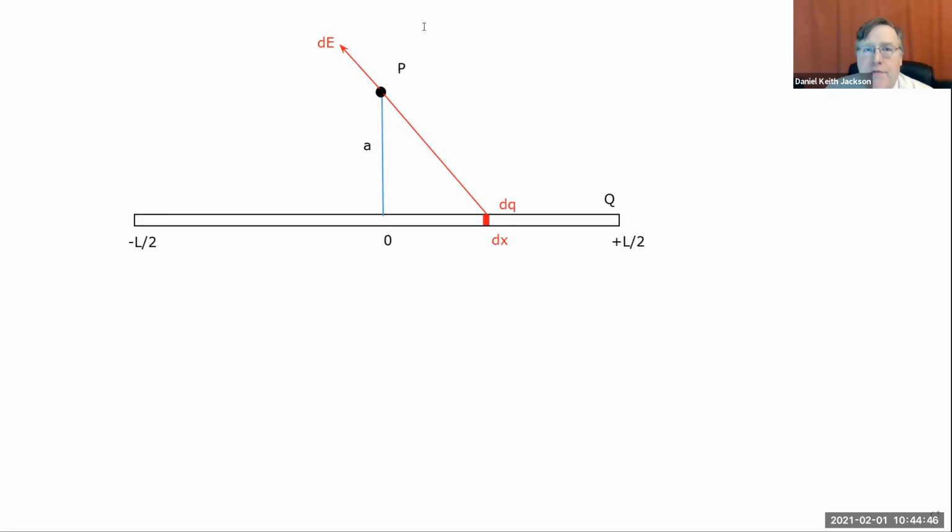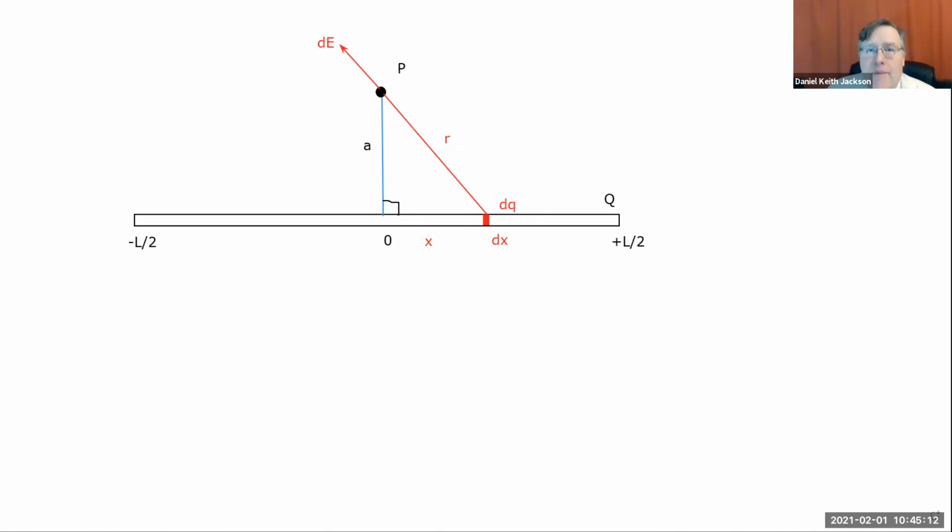So take note of the fact that I have set up a right triangle. And that right triangle will have a hypotenuse that I'm going to label as R. And I need a label for the horizontal axis. I'm just going to call that X. So now I have a triangle with 3 sides.